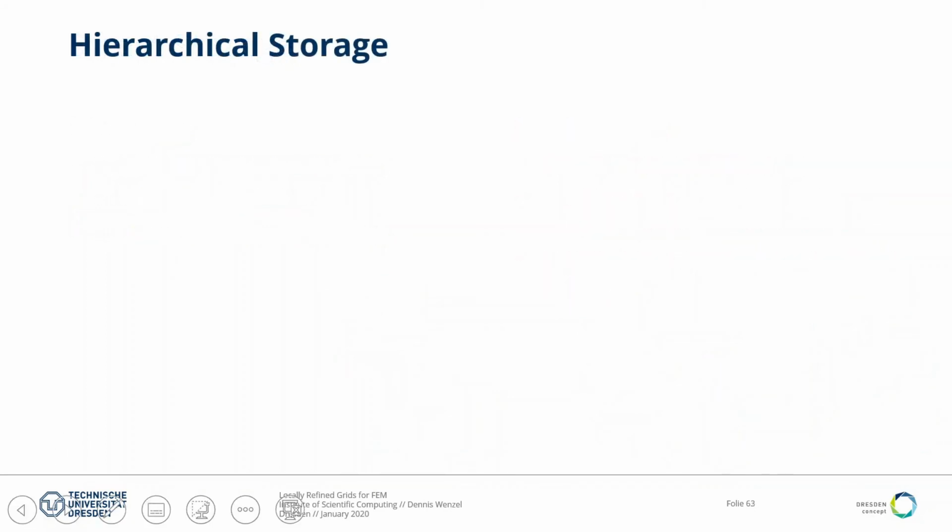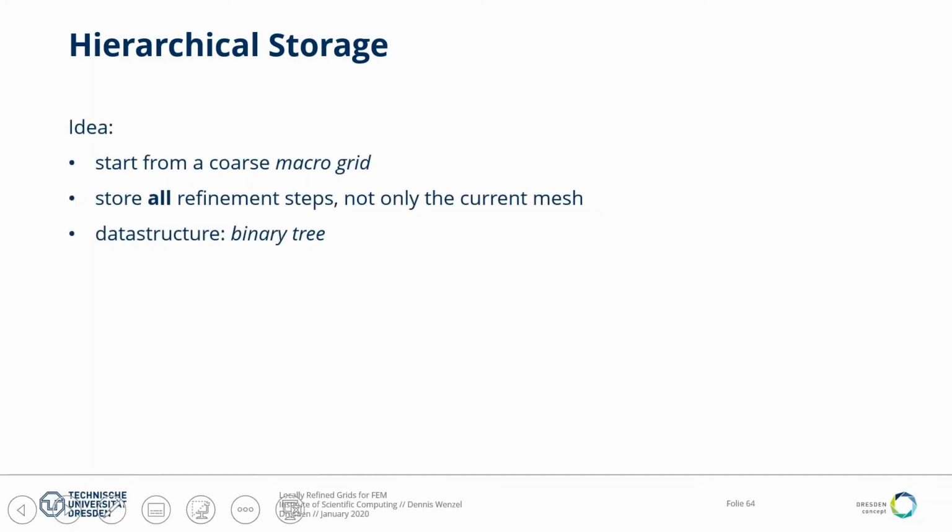And there is another idea how we can store this data, and that's called hierarchical storage. It sounds a bit more complex in the beginning, but actually it's a super smart approach. The concept is we start from one very coarse macro grid.